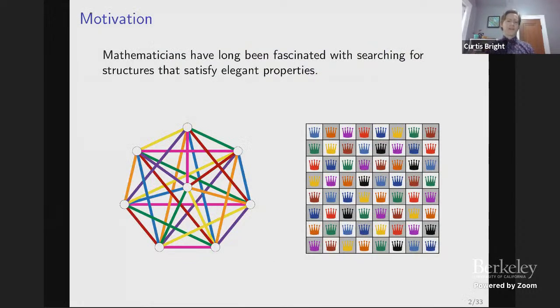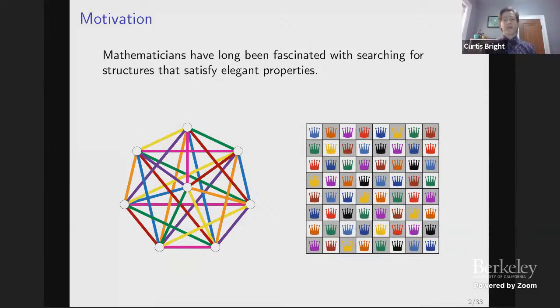So we all know that mathematicians are utterly fascinated with searching for structures, particularly ones which satisfy really elegant properties. I have two quick examples on the slide here. On the left, I have a graph, and I've colored the edges so that every vertex is adjacent to exactly one edge of each color. On the right, I have a chessboard, and I put a queen in every square.